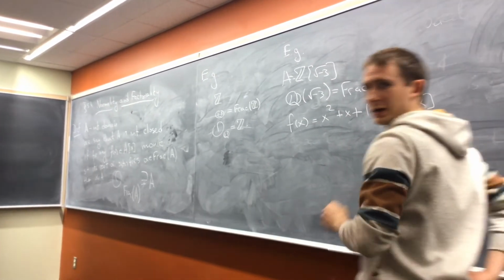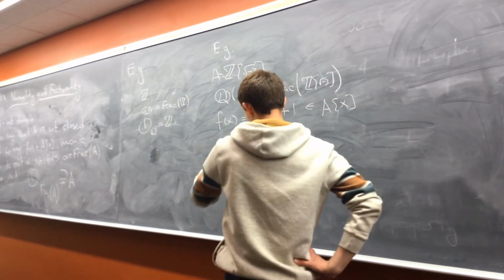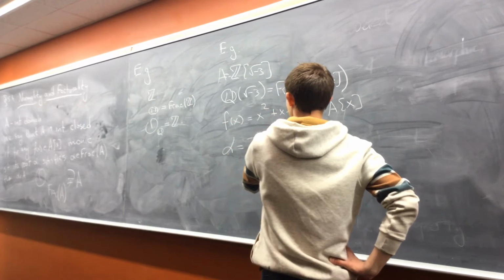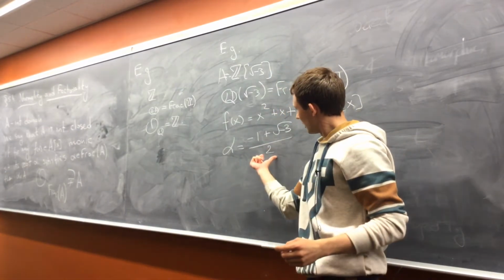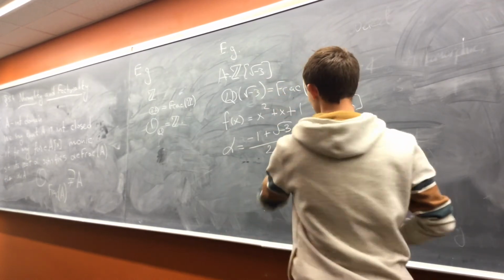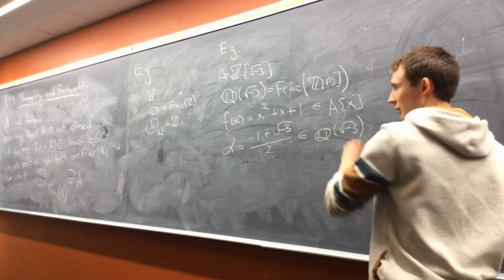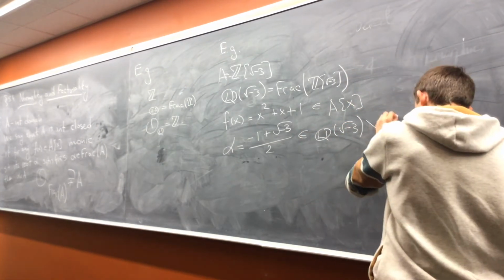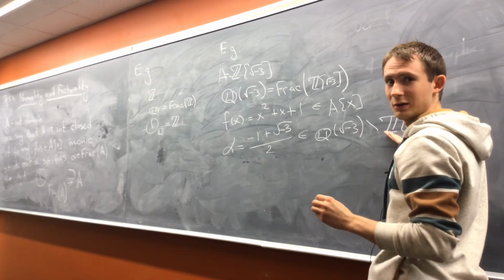Do you agree? If we take a look at one of its roots, this one, which is just the third primitive root of unity, then you see that it actually does lie in the fraction field, so it's in Q adjoin root -3, but it is not in Z adjoin root -3.